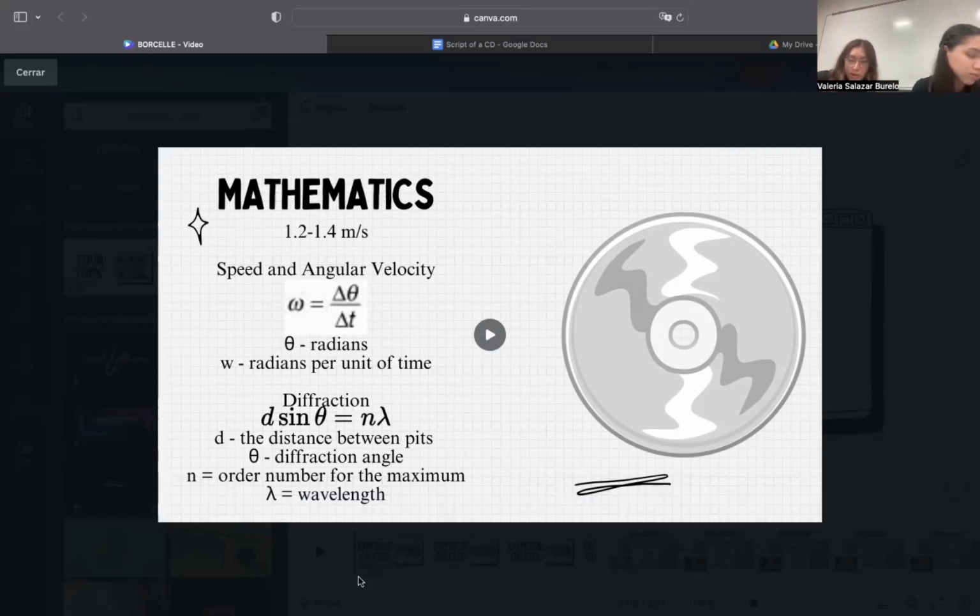And we can see the relationship between speed and angular velocity. Angular velocity is used instead of linear velocity because it is a circular object, and so it uses radians instead. The formula for that uses the distance between the bumps in the CD, the diffraction angle, the order number for the maximum, and the wavelength of the laser.